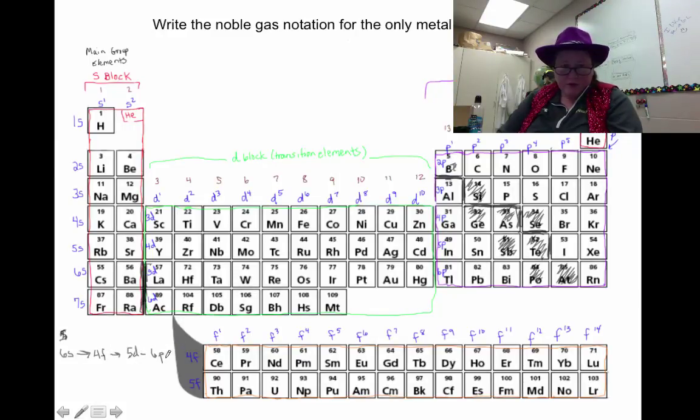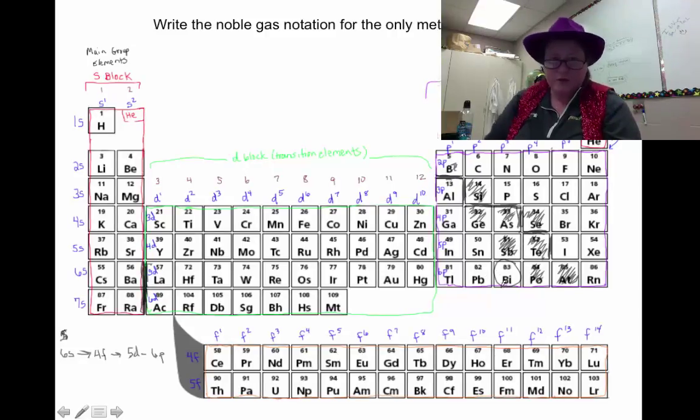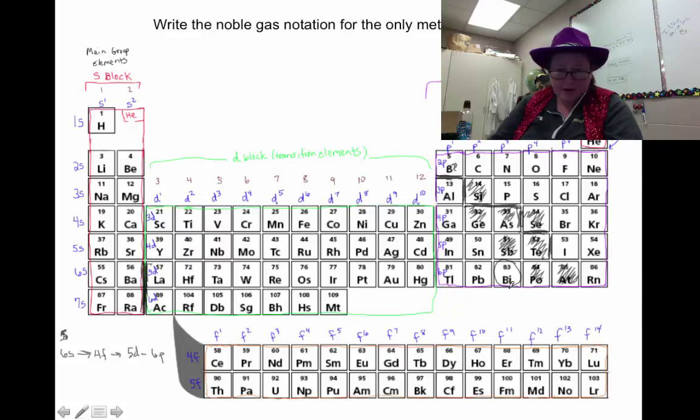So we'll do an electron configuration for the only metal, which is bismuth. I asked students to do a long one in class, but I'm not going to right now. We'll do a noble configuration. Looking up at the line above it, what noble gas is there? It happens to be xenon. So I put xenon in brackets, and then everything beyond xenon is what the configuration is going to be.